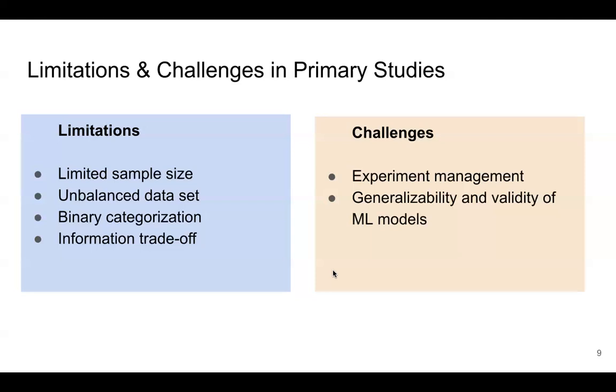For example, novices versus experts, easy versus hard. The last limitation is the trade-off between choosing certain machine learning techniques and losing or compromising certain information from the gaze data.